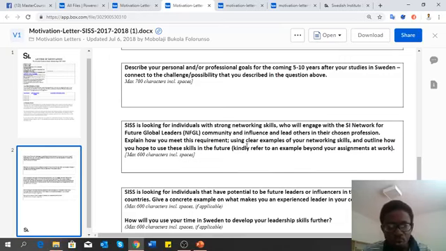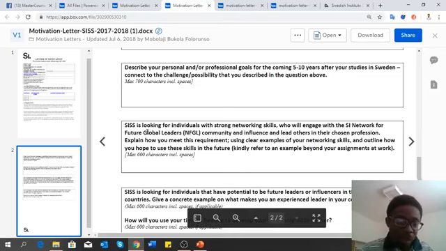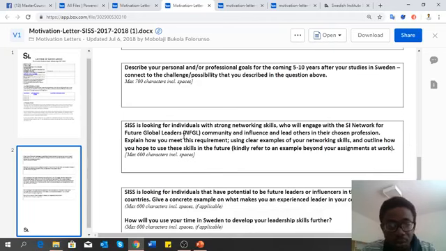But they also want to know what you have been able to do outside of work. It's very important you talk about it. They are making it clear in this past template that they want to know what you've been able to do in terms of leadership skills and networking skills outside your work experience.